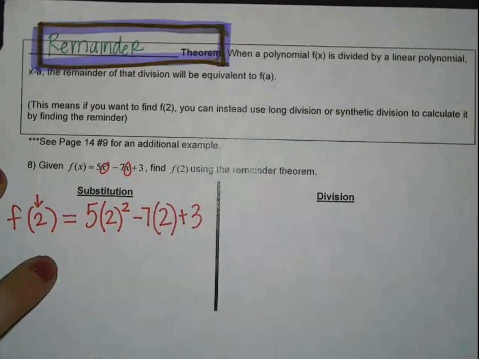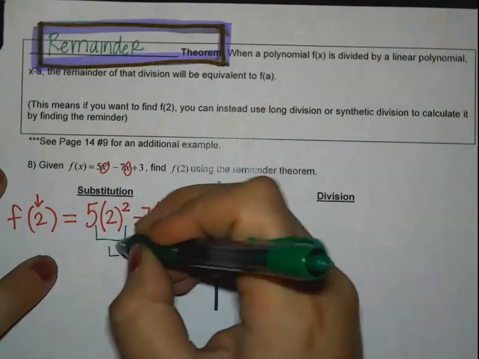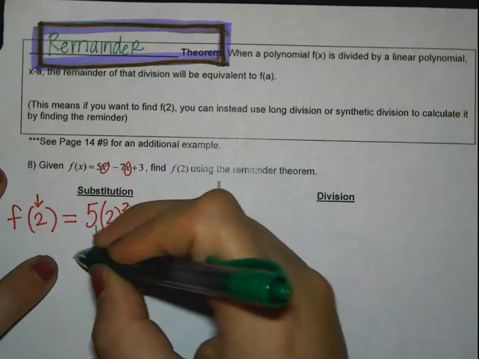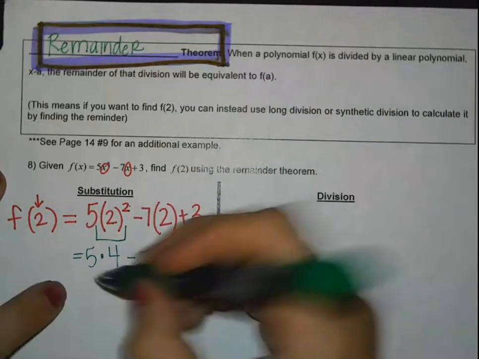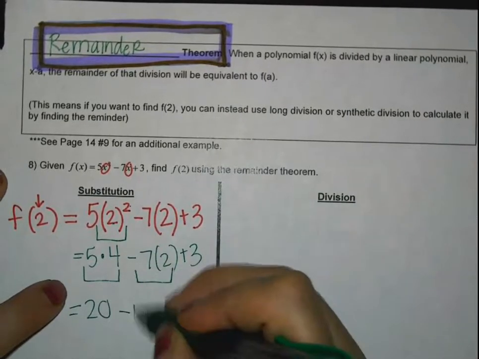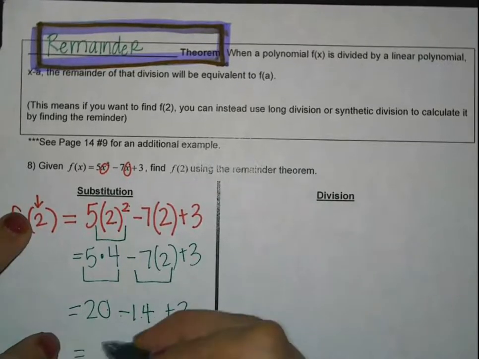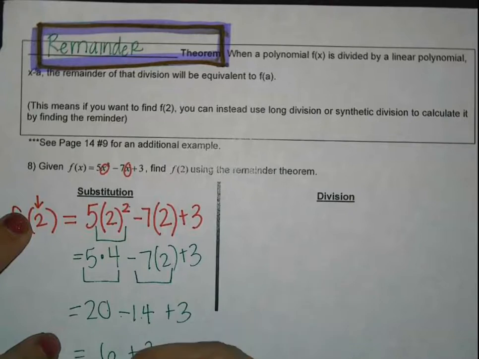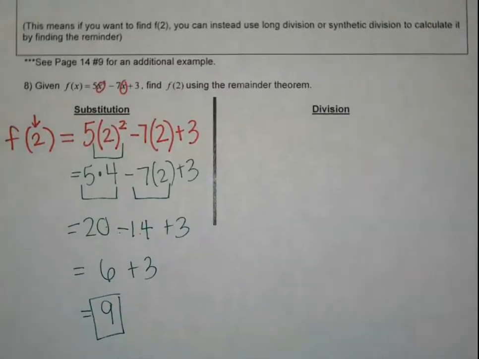And then I would use my order of operations, so exponents first, so 2 squared is 4. And then after exponents, the order of operations is multiplication, here and here. And then 20 minus 14 is 6, plus 3 is 9. Okay, so we would get the answer 9.